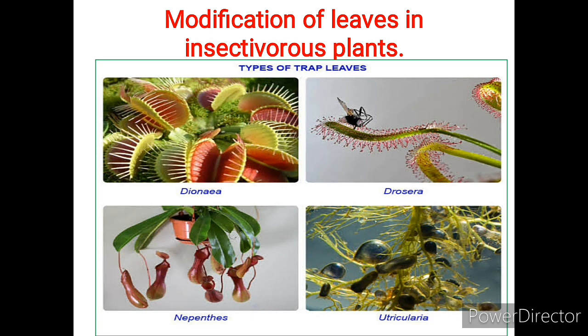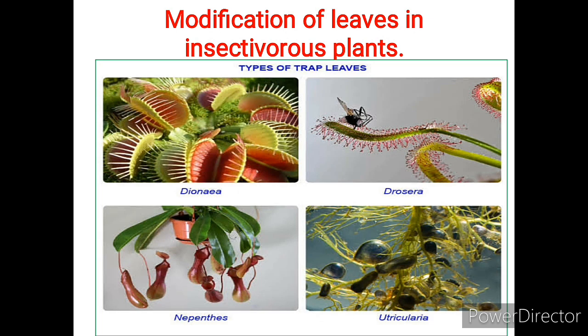So the next type of modification of leaves in insectivorous plants is leaf bladder. This type of modification is mostly found in some of the insectivorous plants. The insectivorous plants are generally present in areas where soil is not rich in nutrition.